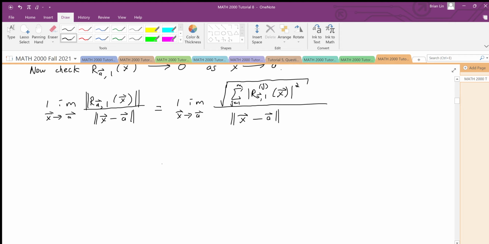Then, by using a technique, assignment 1 question 3b, we have this inequality at our disposal. So now that's equal to the sum from j equals 1 to m of R_j, for each component, take the norm, no square root.